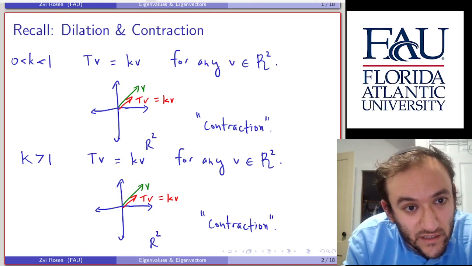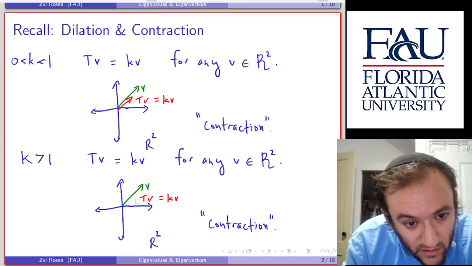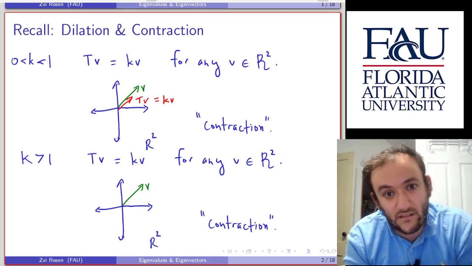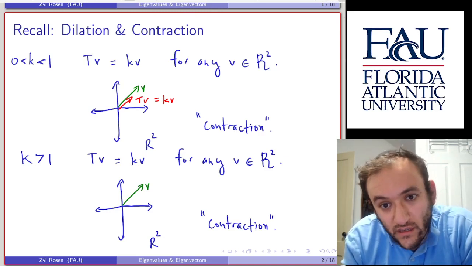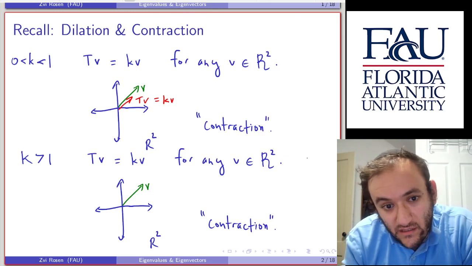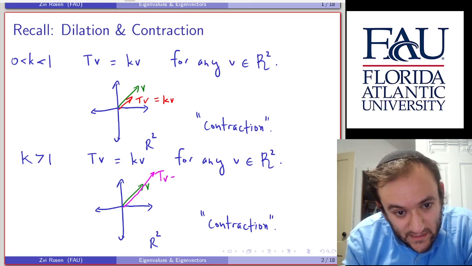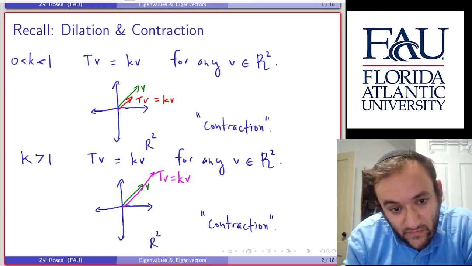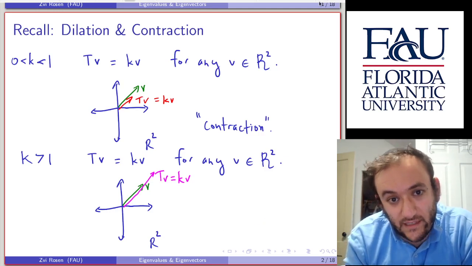So we're going to take a very small eraser. Great. And now we're going to take a different color. Let's make it pink this time. And now Tv extends our vector. So this is called a dilation.